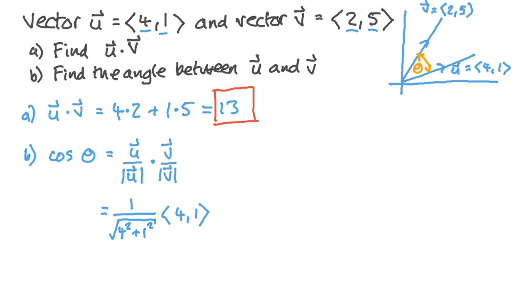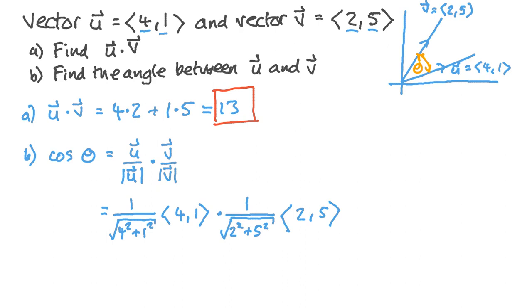And let's do the same again for v. And because the components of v were 2 and 5, it's just 1 over the square root of 2 squared plus 5 squared, lots of vector v. So all this means is we've got each component of u divided by the magnitude, and then we'll have each component of v divided by its magnitude as well.